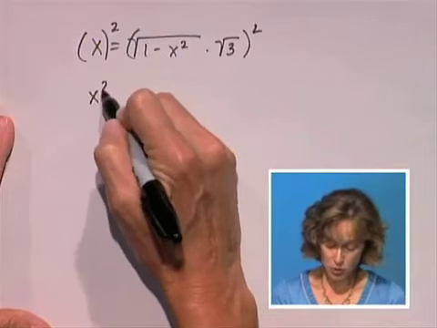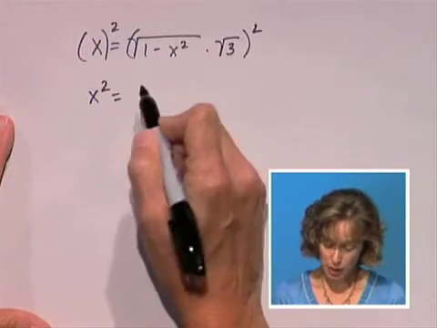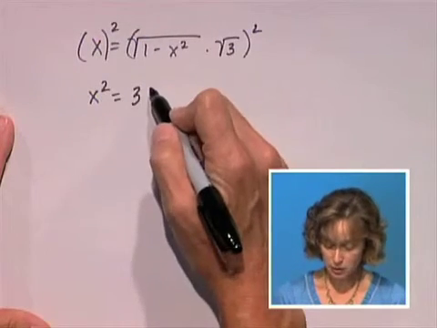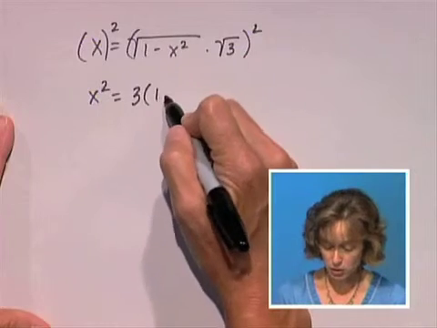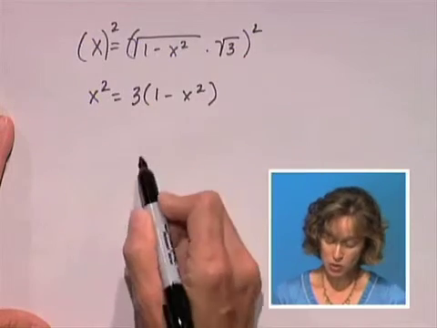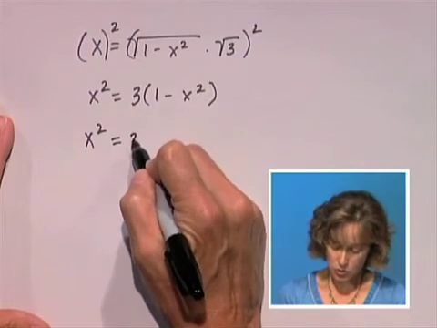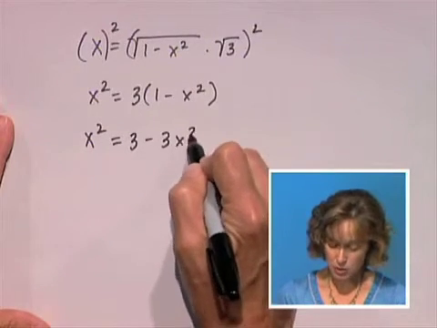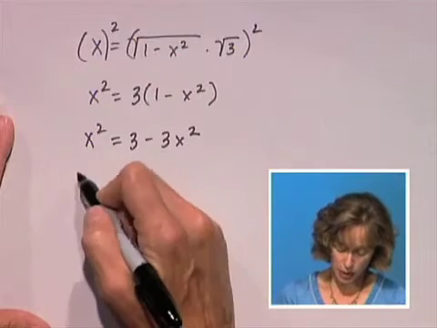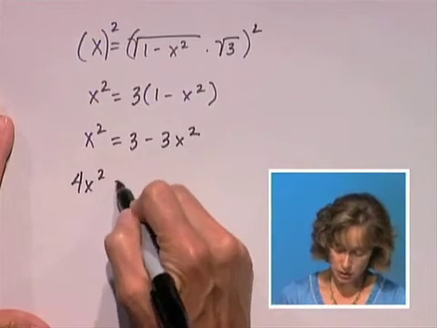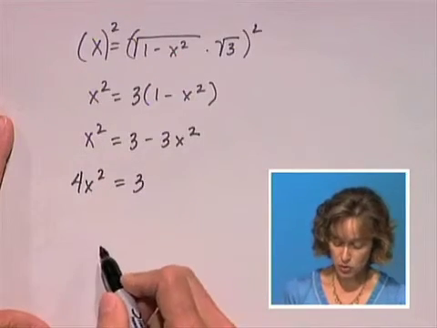and I'll end up with x squared is equal to 3, and I'm going to put the 3 at the left of that side of the equation, times 1 minus x squared. I'll distribute 3 to get x squared equals 3 minus 3x squared. I'll add 3x squared to each side, so 4x squared equals 3.